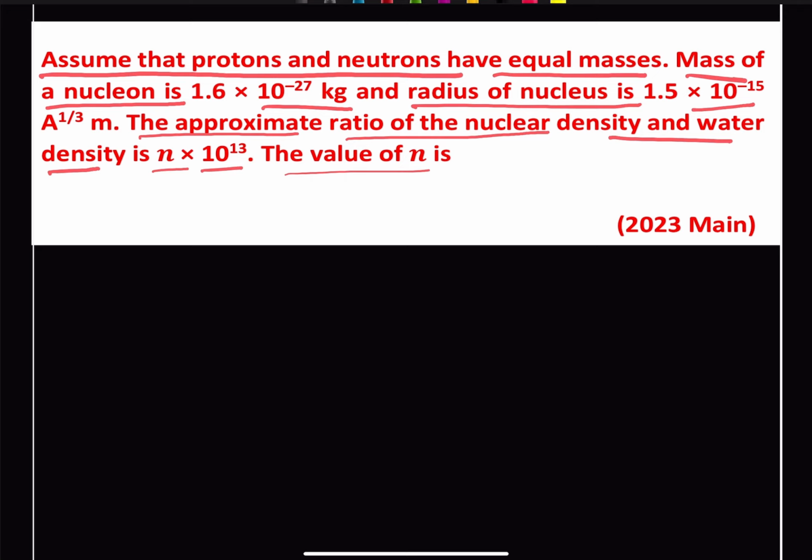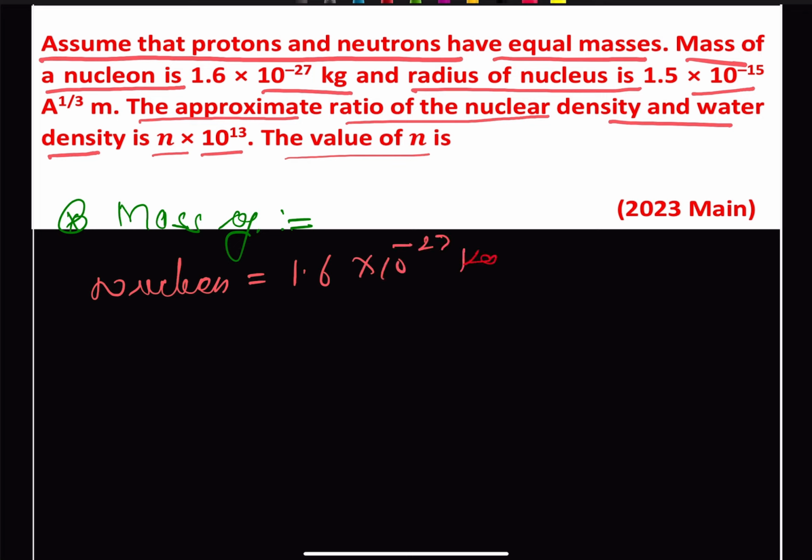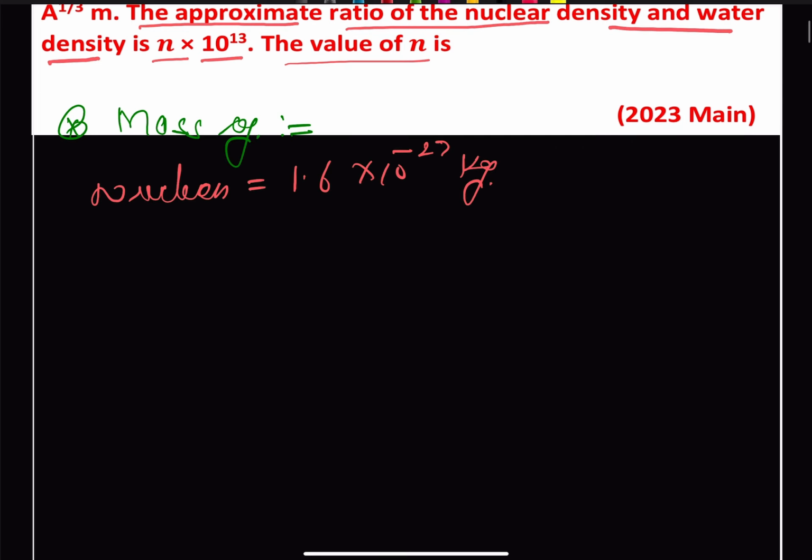So here we are given the mass of the nucleon, and that is given as 1.6 into 10 to the power minus 27 kg, and its radius is also given.